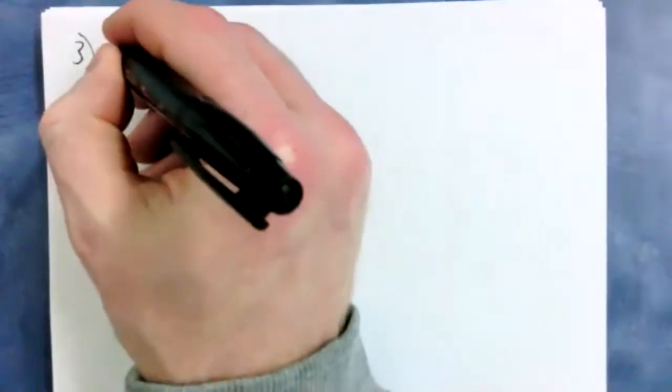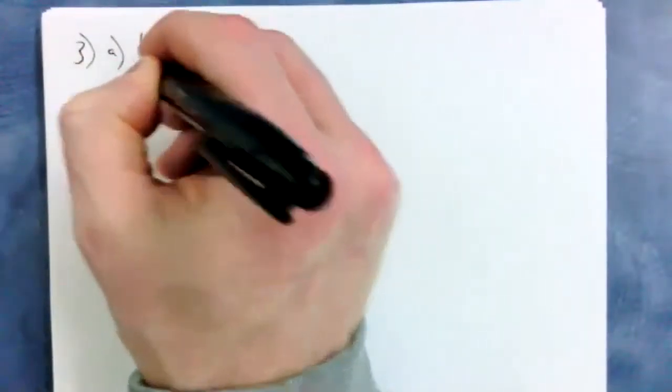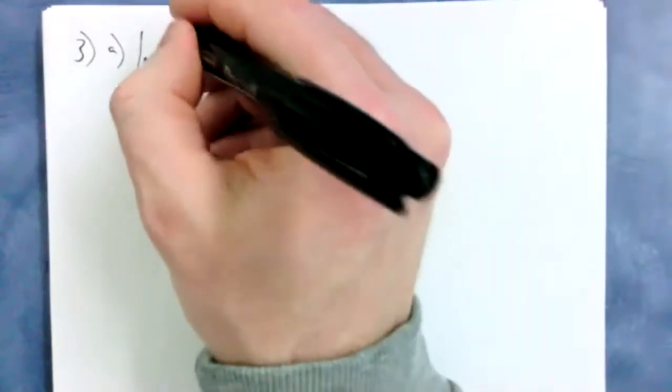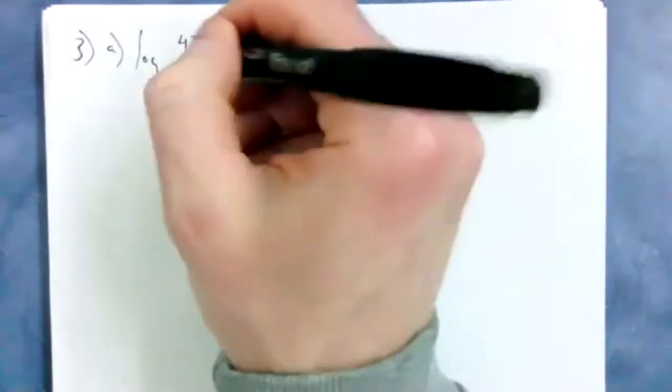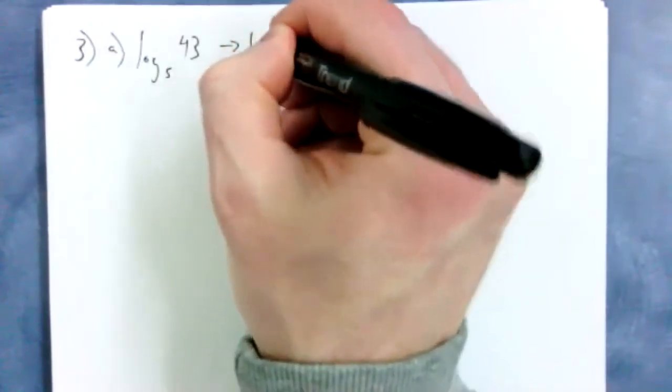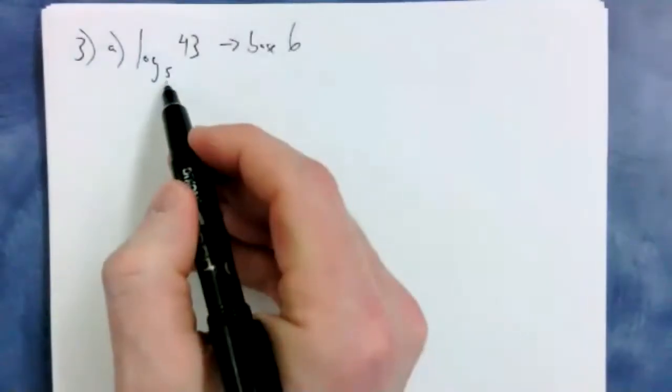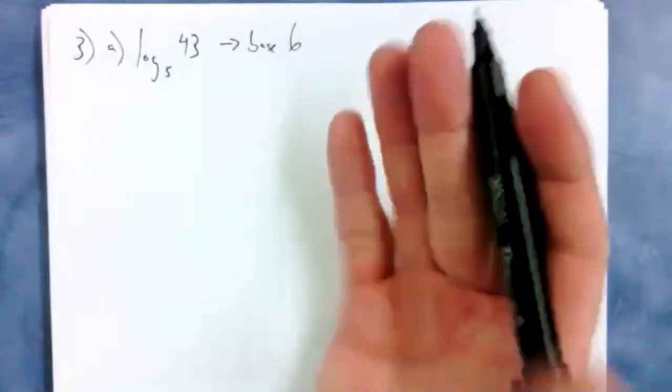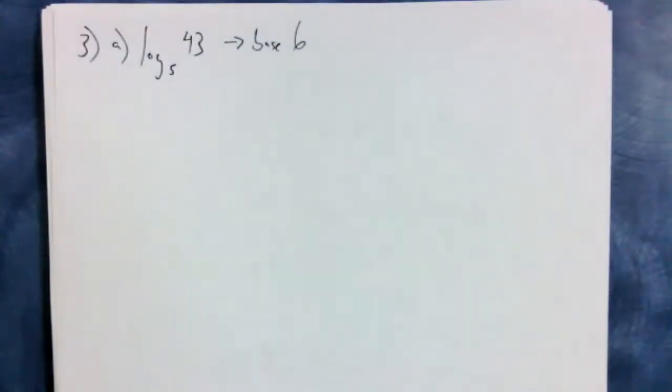Okay, number 3, convert to the indicated base. 3a, it says log base 5 of 43, and it wants to go to base 6. The base is 5, and you might be thinking, well, what in the world do we do?